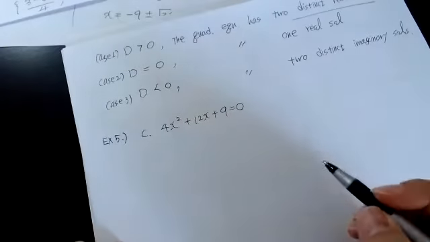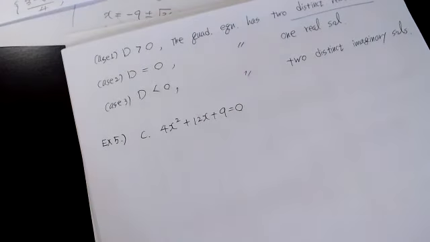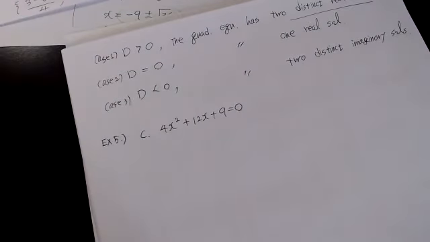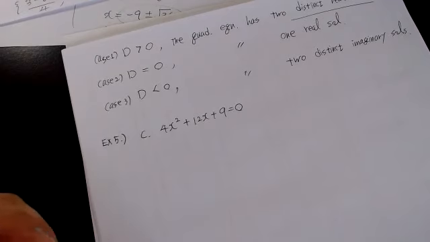The problem doesn't ask you to find the solutions, just the value of the discriminant and the number of real solutions. So I'll solve problem C, and then you please look at A and B by yourself.